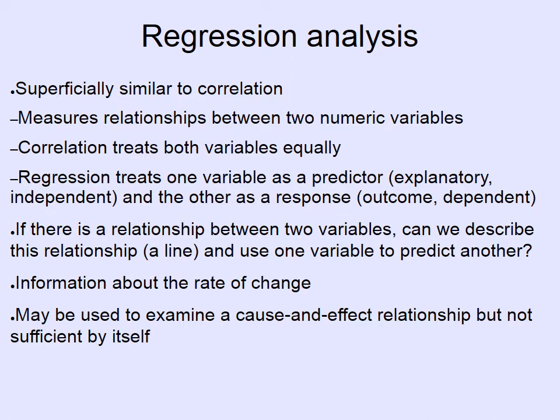The line really is the model used to describe this relationship, and it also gives us information about how, as X changes, Y changes. Now, we can use simple linear regression to examine a cause and effect relationship, but it may not be sufficient by itself.